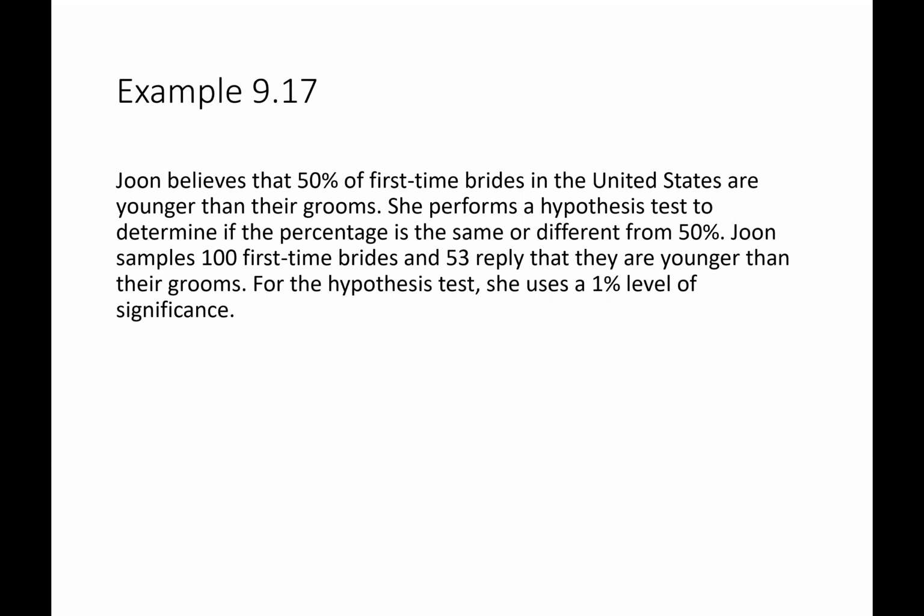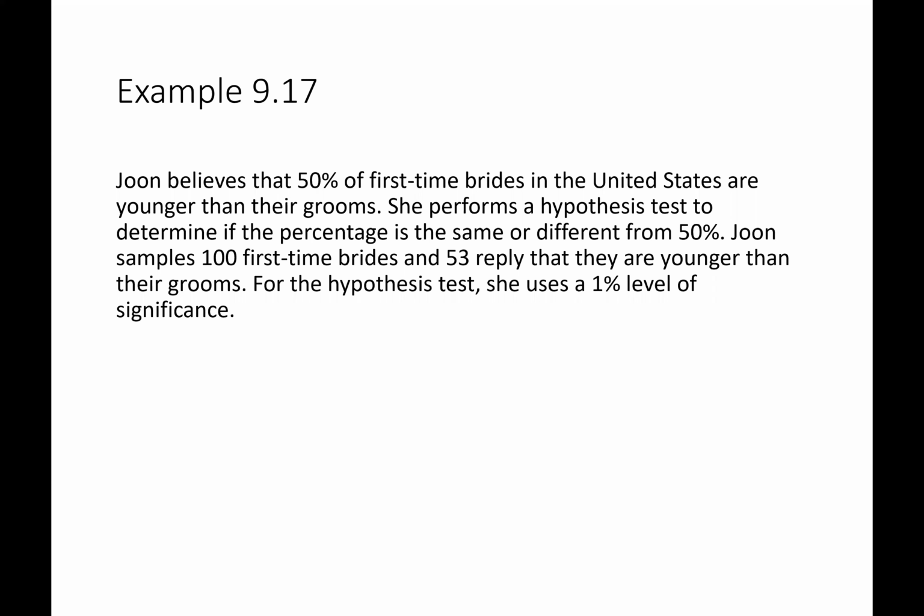Okay, so first example. June believes that 50% of first-time brides in the United States are younger than their grooms. She performs a hypothesis test to determine if the percentage is the same or different from 50%.